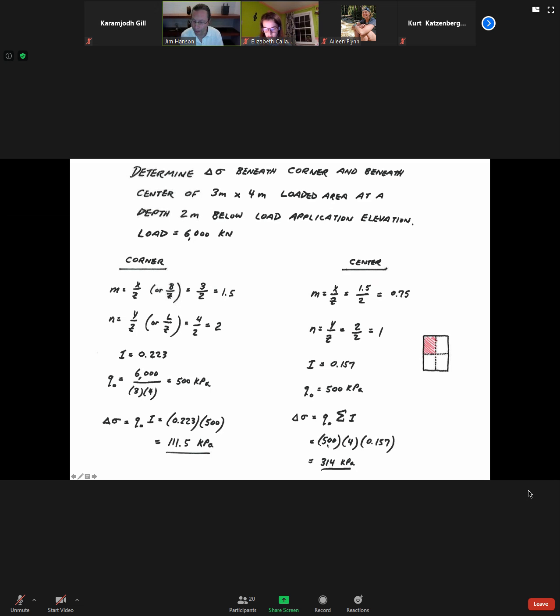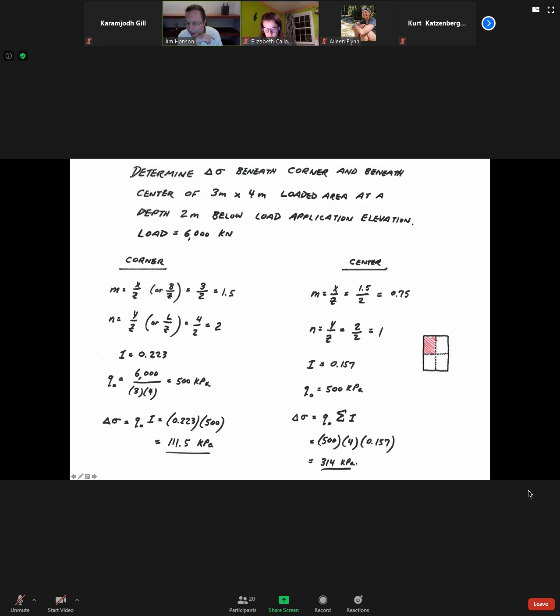And that will be 500 kPa times 4, that's taking care of the summation, times 0.157, our influence factor that would come from the 0.75 and 1 values for M and N respectively. And we end up with 314 kPa.